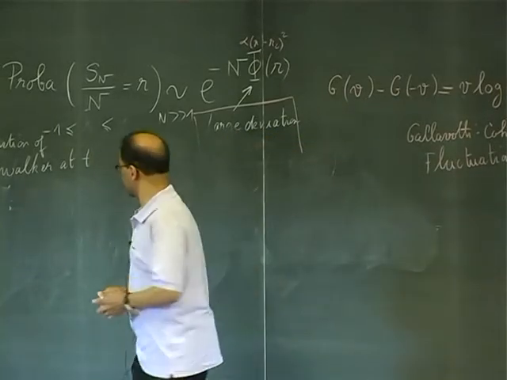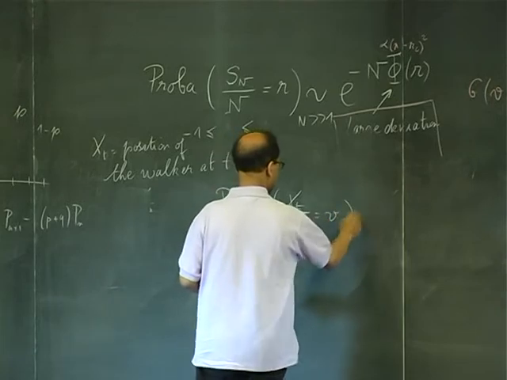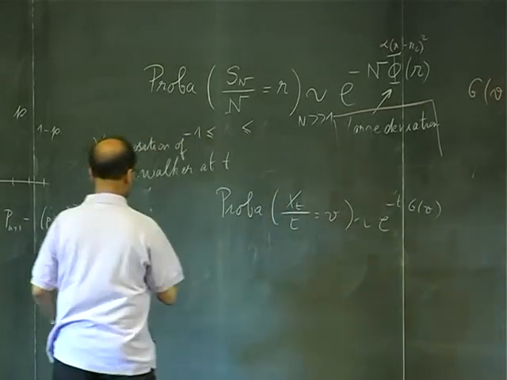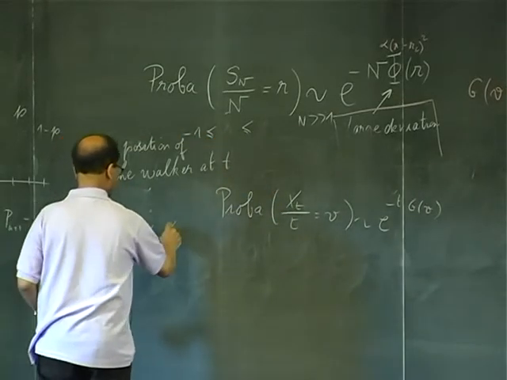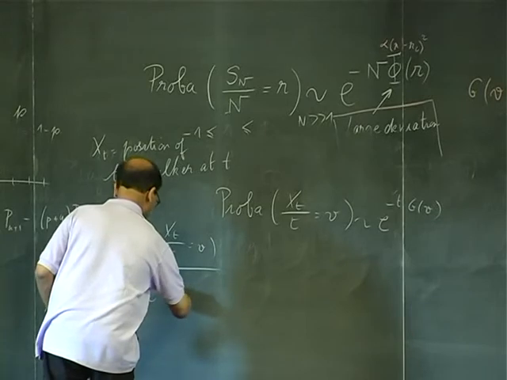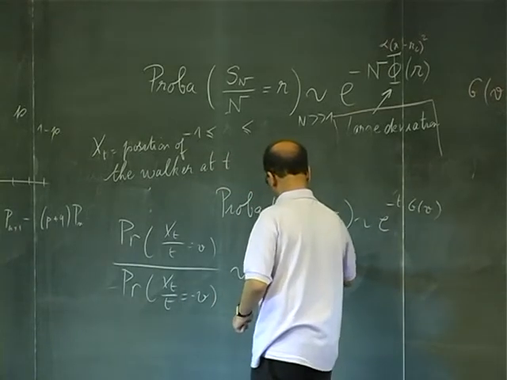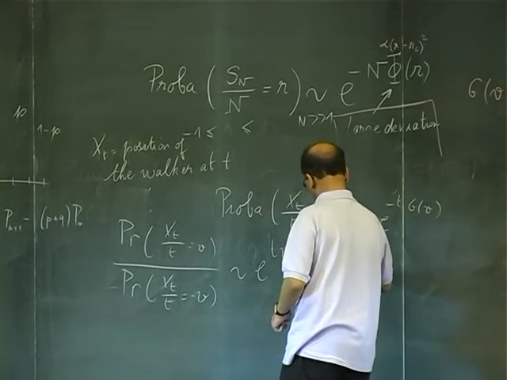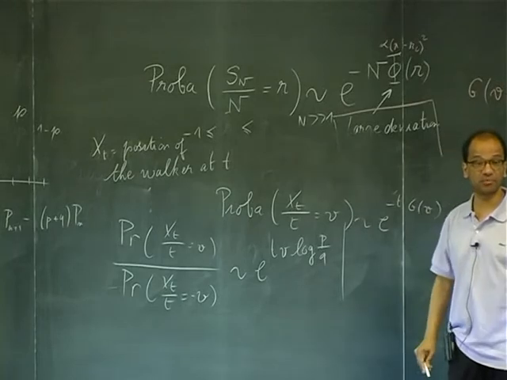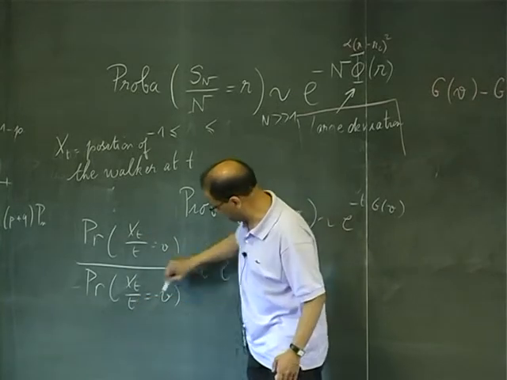Remember that G of V was defined as the probability of observing an empirical speed equal to V. So if you use this relation, the probability of observing a speed V divided by the probability of observing the speed minus V is just exponential of T V log of P over Q, if I didn't make any mistake in my signs.